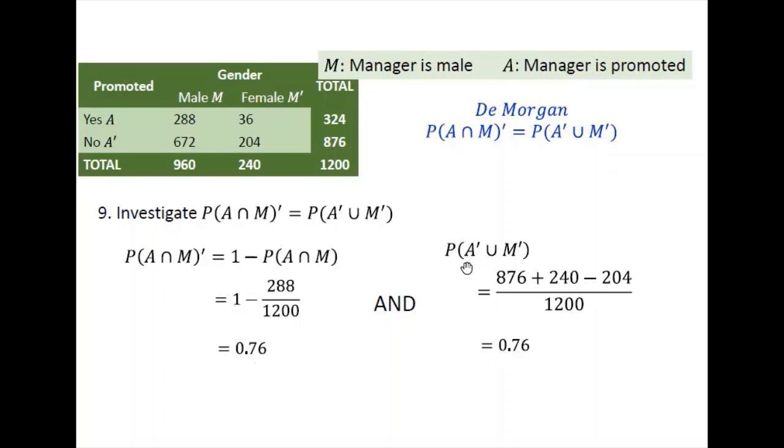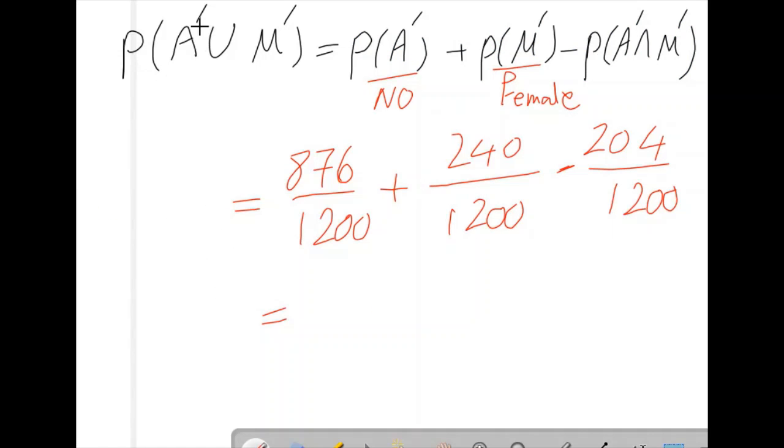But what is the probability of A prime union M prime according to proposition 4? The probability of A prime union M prime is the probability of A prime plus the probability of M prime minus the probability of A prime intersection M prime.